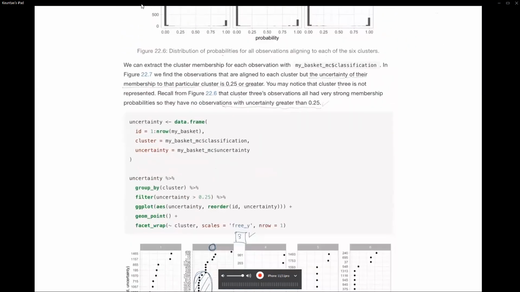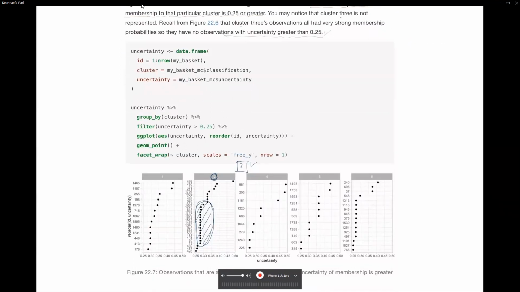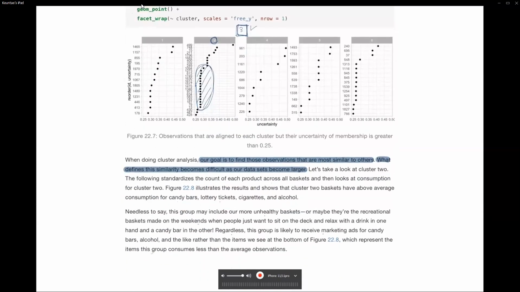So we don't have any uncertainty in the case of cluster 3, which means cluster 3 is a very good differentiation. But in the case of cluster 2, it is very hard to understand the characteristics of the cluster because there are too many uncertain data points in this case.